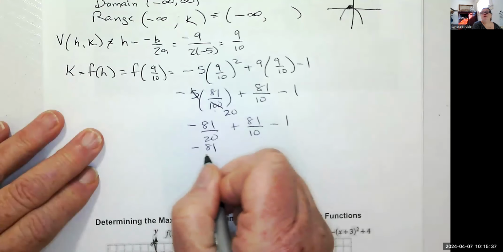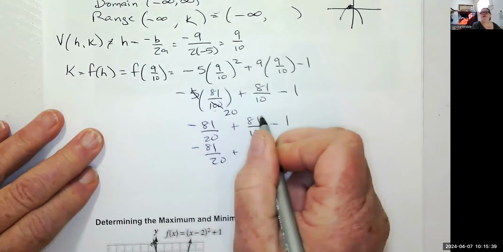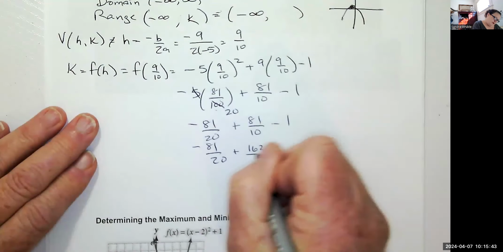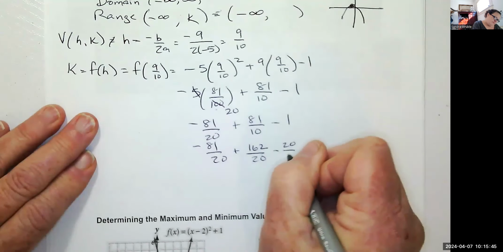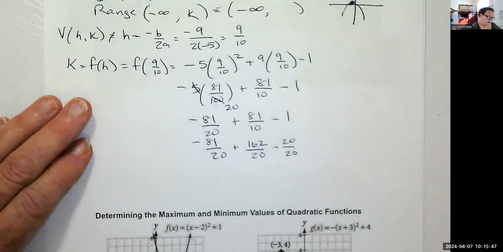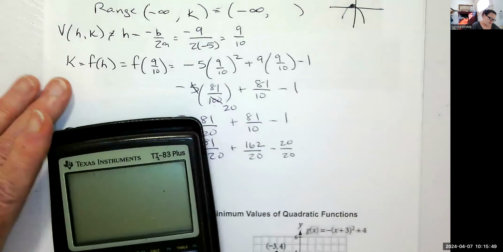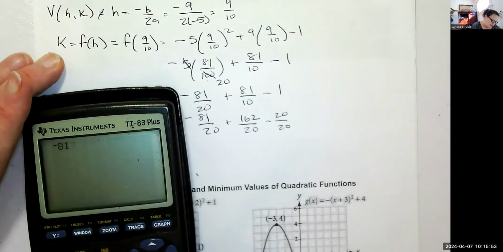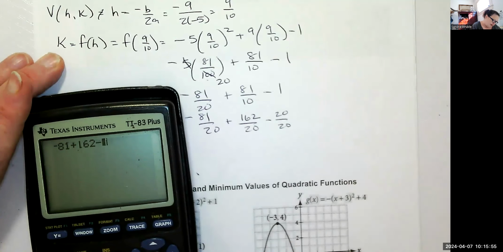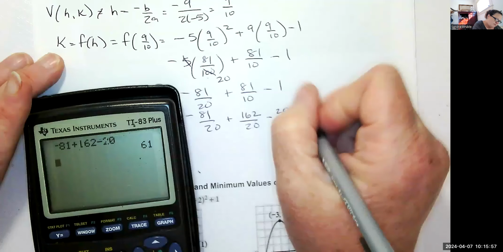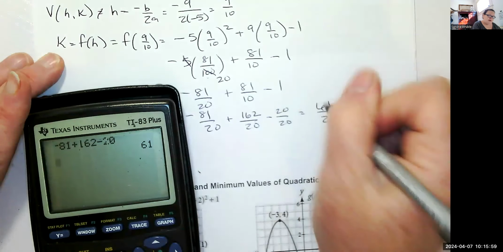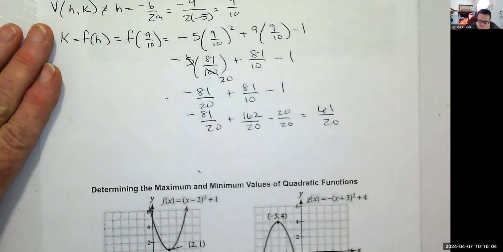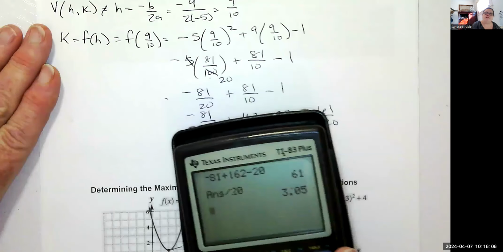So negative 81 over 20 plus 2 times 81, which is 162 over 20, minus 20 over 20. Calculator. So negative 81 plus 162 minus 20 is 61. That's all I need. What would that come out to? Oh, it's 3.05. That's not horrible.